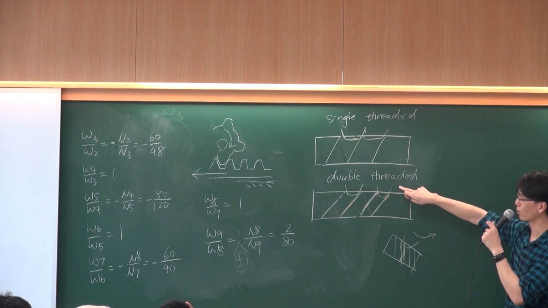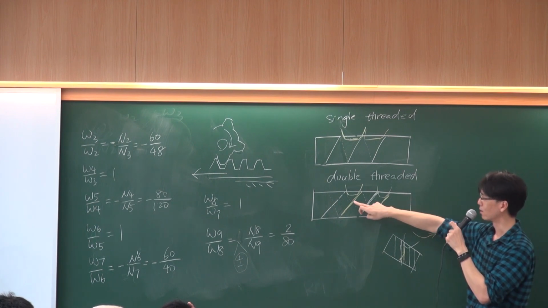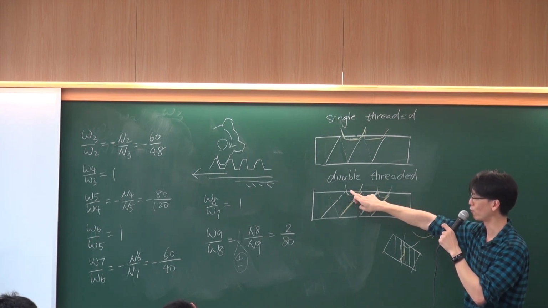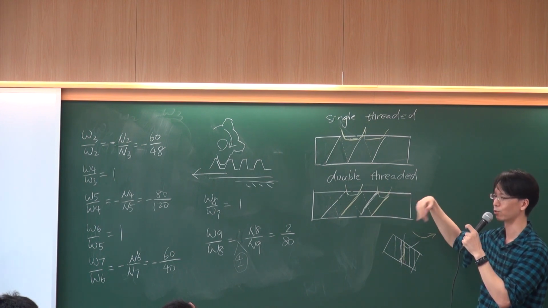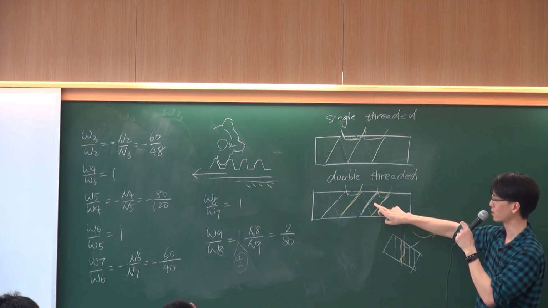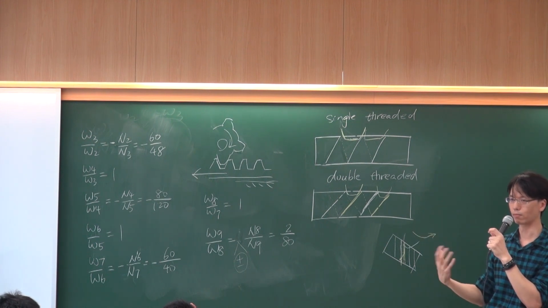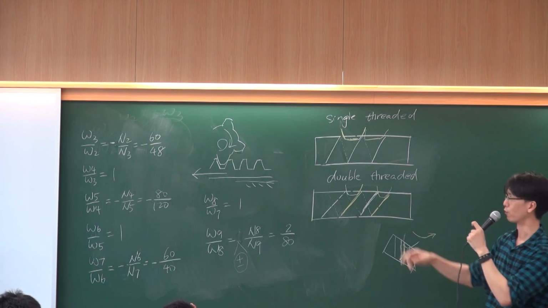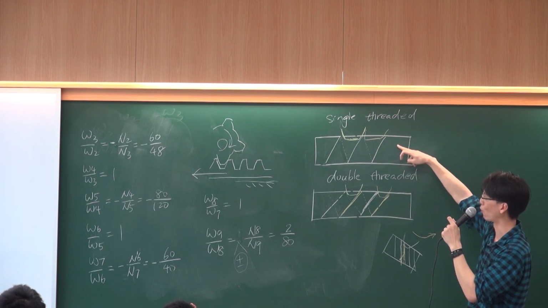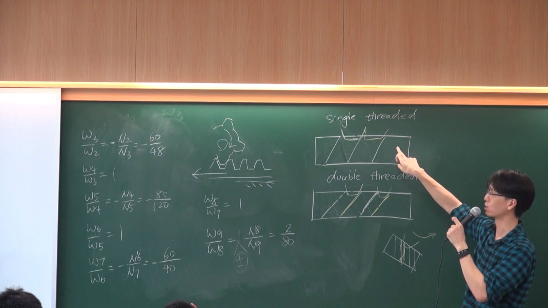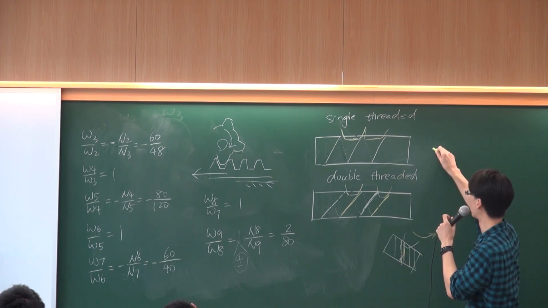Because right now it's double threaded, when it rotates one cycle, it will move the teeth by 2 steps. That means it's equivalent to a 2 teeth gear. For this one, when it rotates 1 round, this one will just move 1 step.